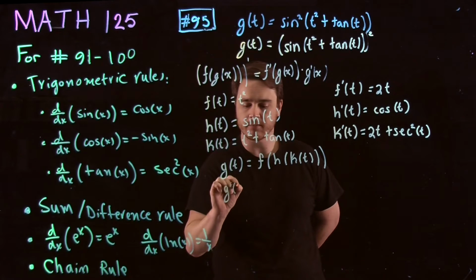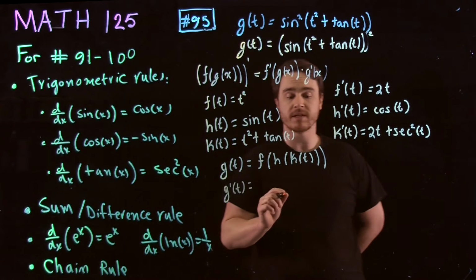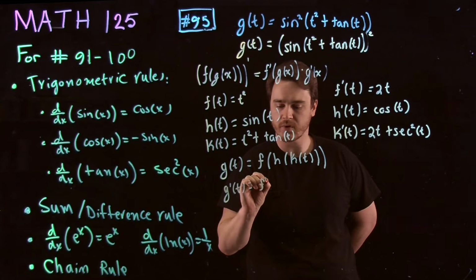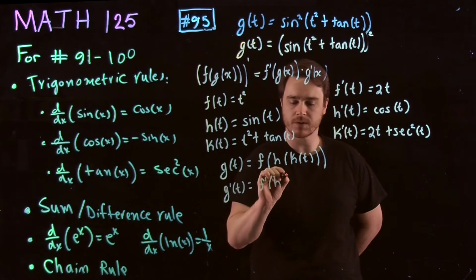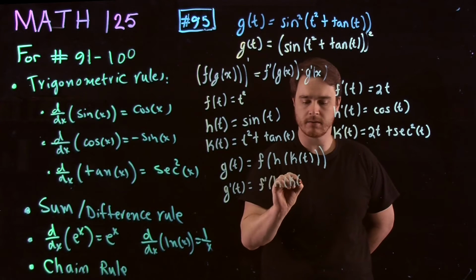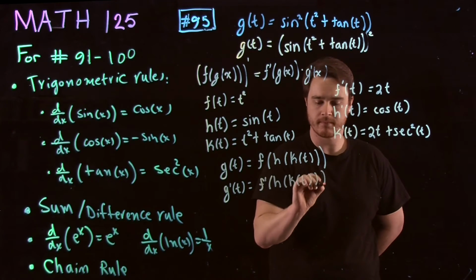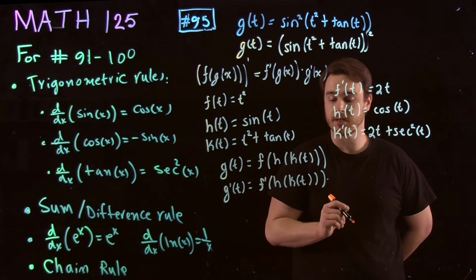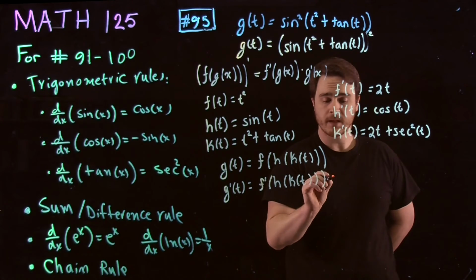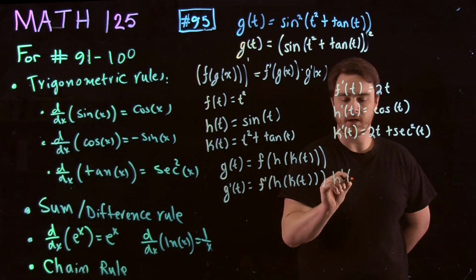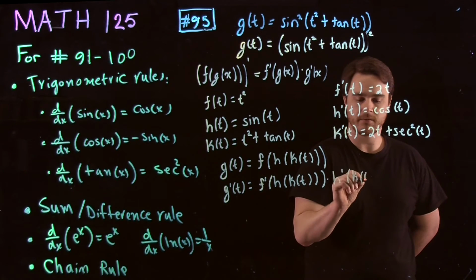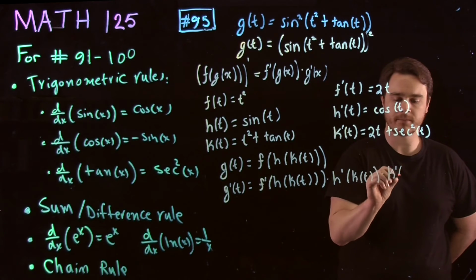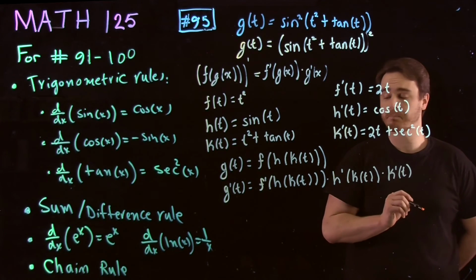So g prime of t is going to be, from our chain rule, f prime of h of k of t times the derivative of h of k of t. Now we have to use chain rule again here. So that's going to be h prime of k of t times k prime of t.